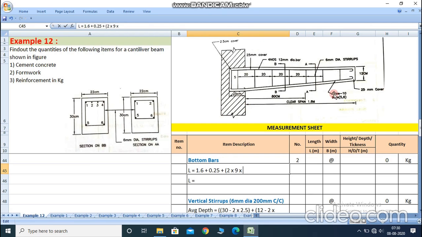Here see this in this figure, two numbers of 10 mm diameter bar are provided. Clear? So 10 mm converted into meter is 0.010, and then minus, at starting and end, here and here, 2.5 centimeter cover is provided, so minus 2 times 0.025.